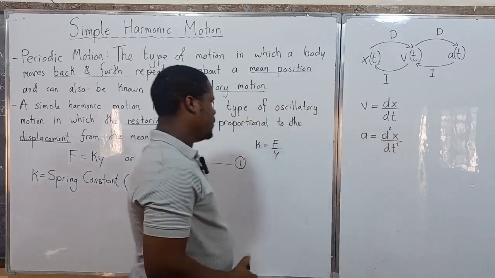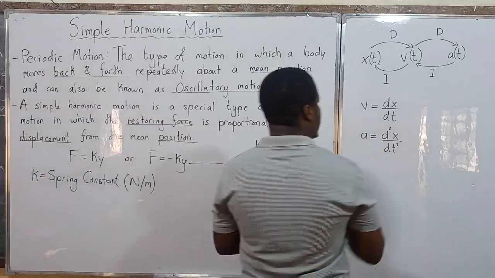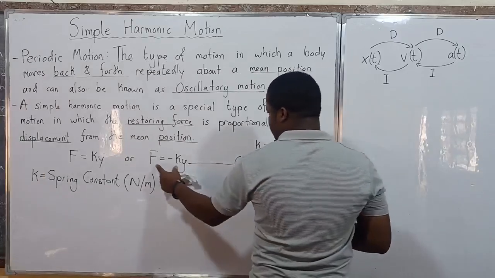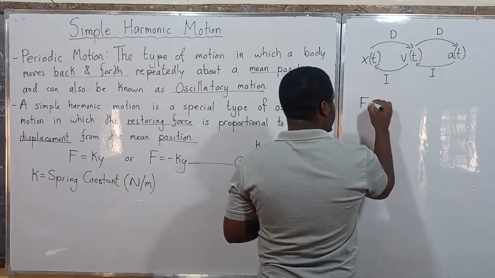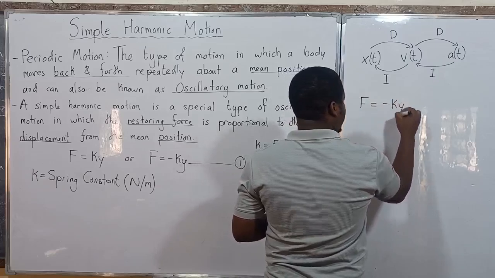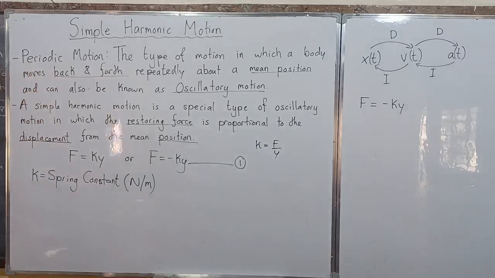So why is all this important? Let me show you. Now that we know that acceleration is equal to the double derivative of displacement with respect to time, how does this help us? I hope we remember that. Picking up this formula, we can easily say force is equal to negative ky, of which y is the displacement, k is the spring constant, F is the restoring force.